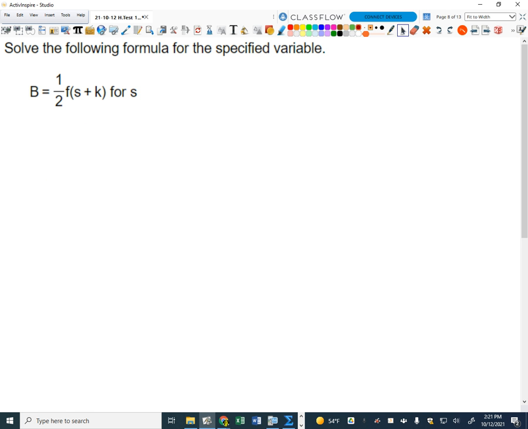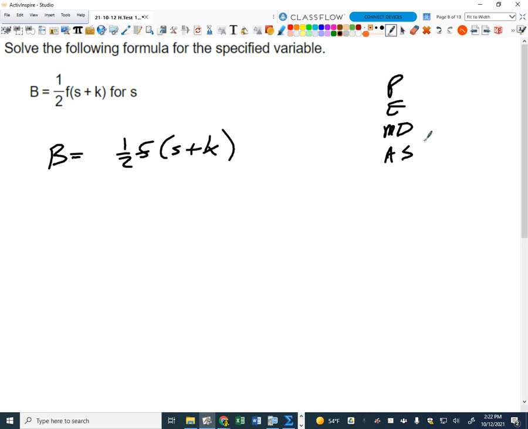Okay? Okay, these. If we're solving for S, let's walk through these steps here. So we're trying to isolate S, right?